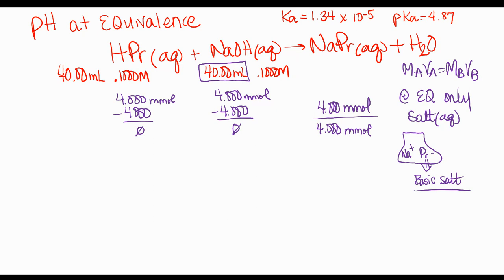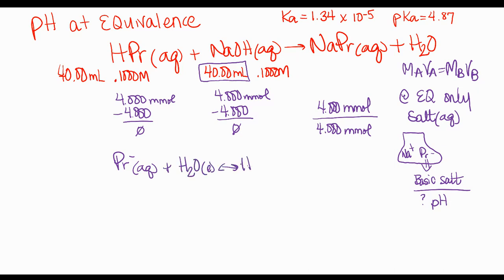Okay, so now the question is, what is our pH? How do we find the pH of a basic salt? So that's the video lecture on basic salts. Let's see how much you remember of it. But if it's not sounding remotely familiar, go back and watch that video. Pr minus is a base then. It's going to react with water.